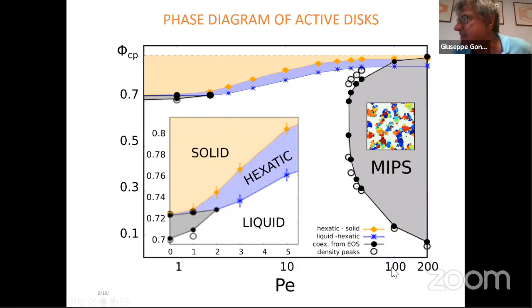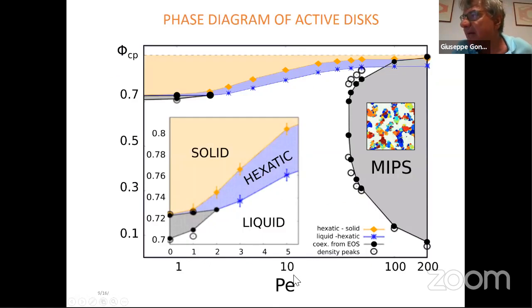When the active force is very strong, you have phase separation due to activity. All the rest of the phase diagram was not known before. People spoke about jamming transition, or glass state.